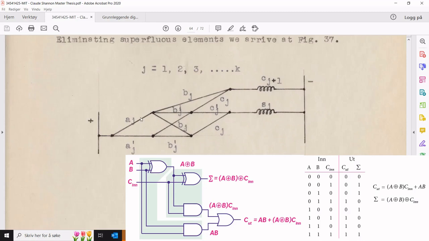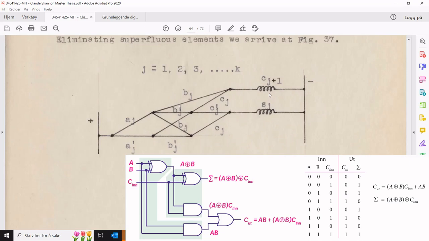And down here, we don't have XOR of bj, but we get it when cj is equal to 1, when we XOR aj, bj with cj. And the same thing is true when these two are 0 and cj is 1, we also get an sj.